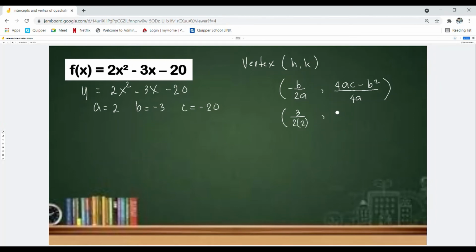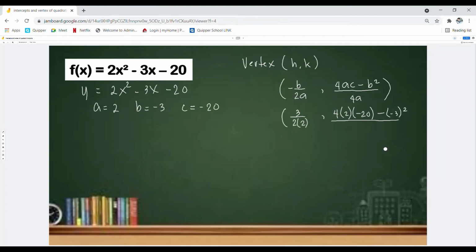For the k, you have 4 times your a, which is 2, times your c, which is negative 20. Then minus b squared. B squared is negative 3 squared, so you place a parenthesis because that's negative, parenthesis, negative 3 inside, squared.